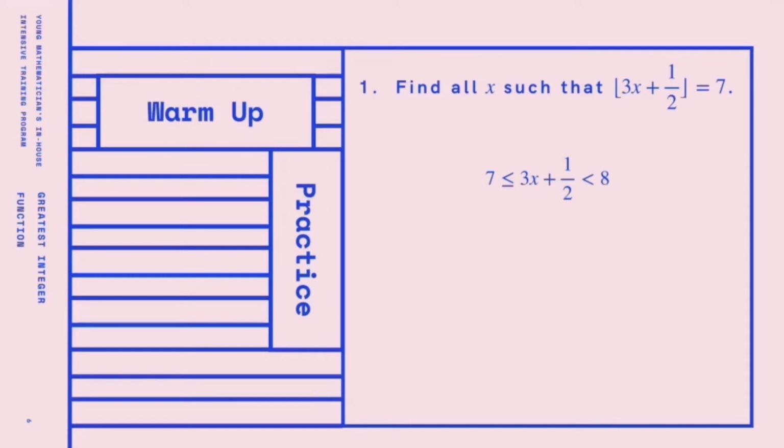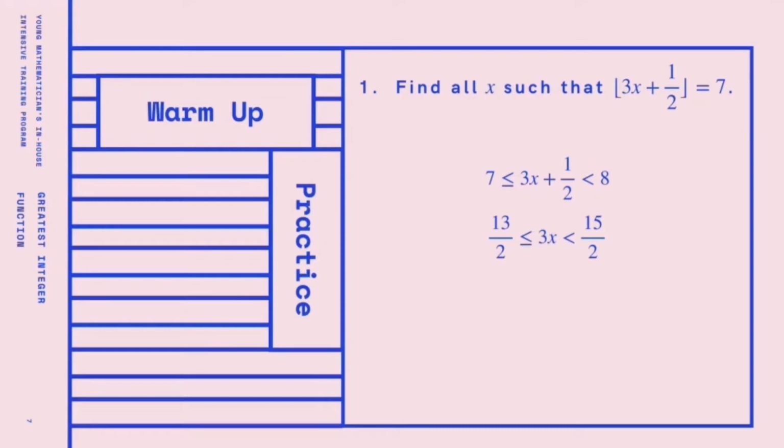So from this compound inequality, we can first subtract 1/2 to each part, and simplifying, 7 minus 1/2 is 13/2, 3x plus 1/2 minus 1/2 is just 3x, and then 8 minus 1/2 is 15/2. Rewriting that, we now have 3x is greater than or equal to 13/2, but less than 15/2.